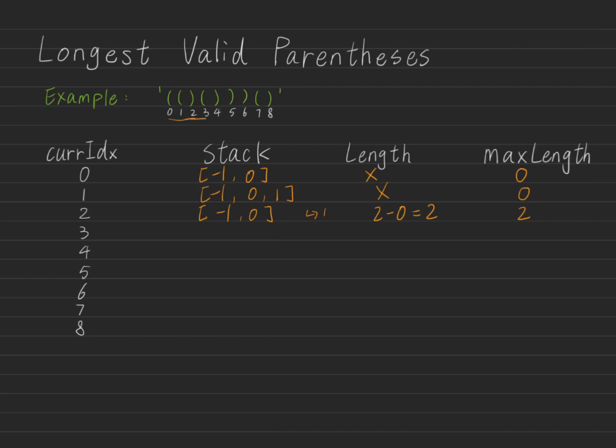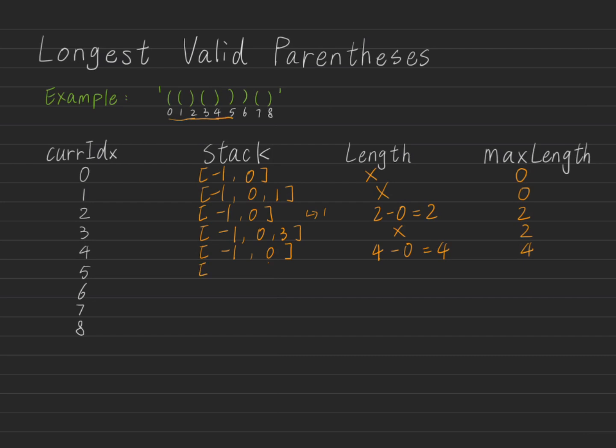Next, we see another left bracket, so append. And at index 4, we pop. The length here is 4 minus 0 equals 4, and we update the max length.